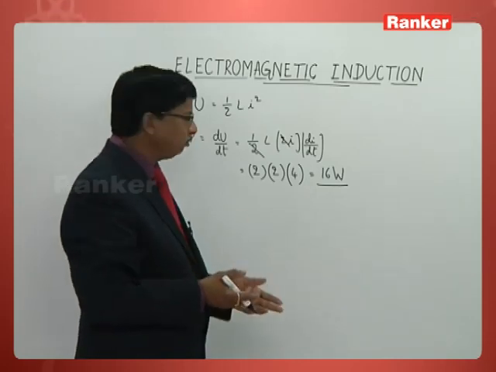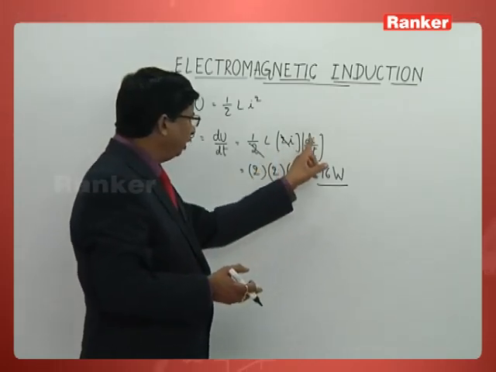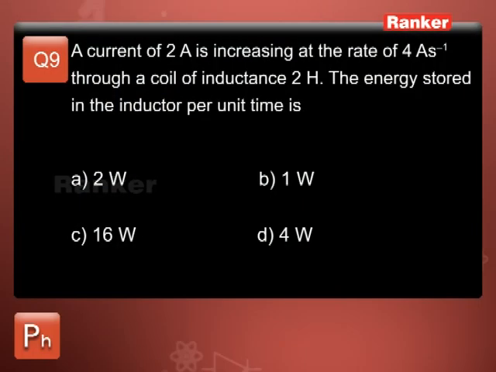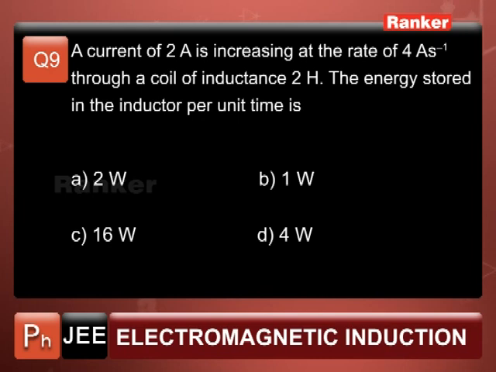So in other words, simply speaking, Li di by dt, that is the final formula. So it now becomes 16 watt, which of course tallies with the third option given in the problem, out of the 4 options. So the answer for this question is C.